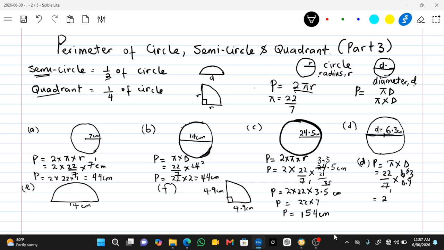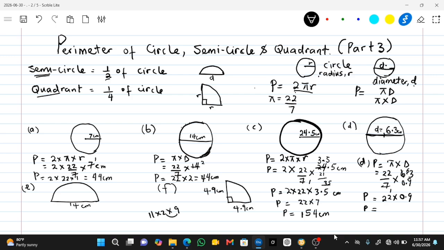So perimeter will be 22 times 0.9. Let's multiply 22 by 9 first before we bring the decimal point. That will be 18 times 11. What I did was 11 times 2 times 9.